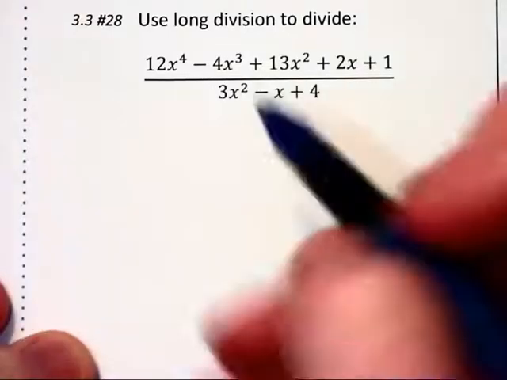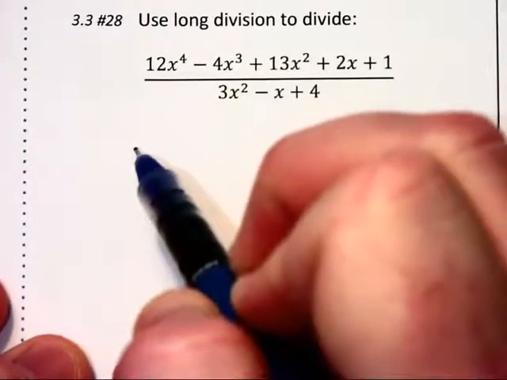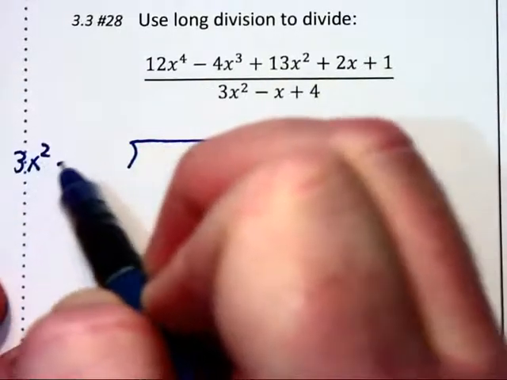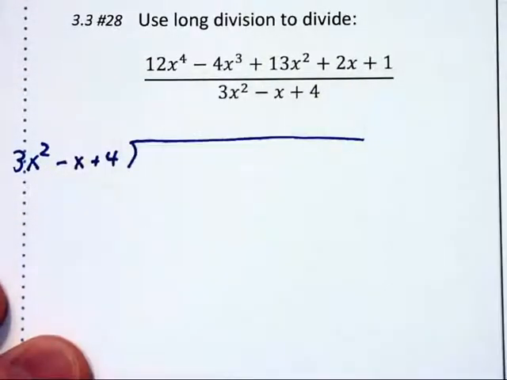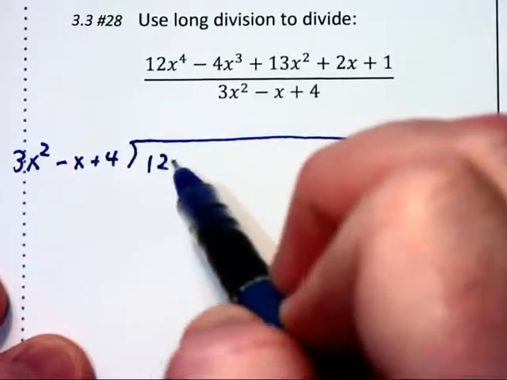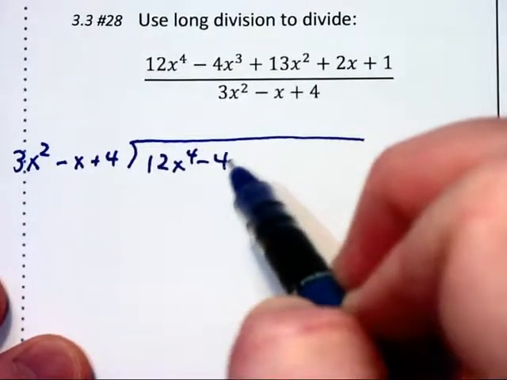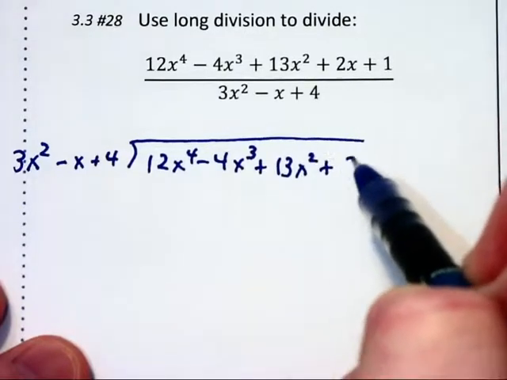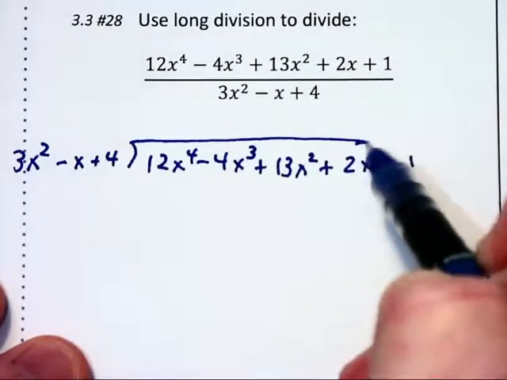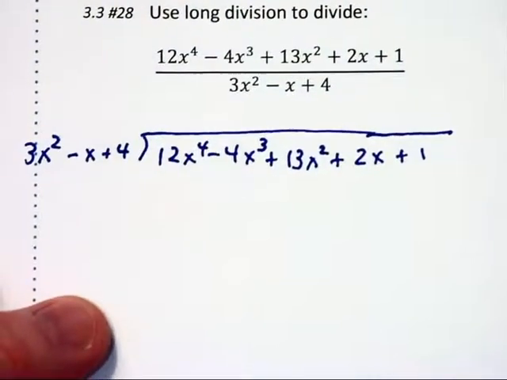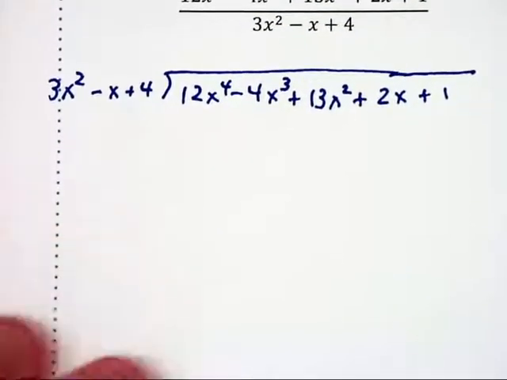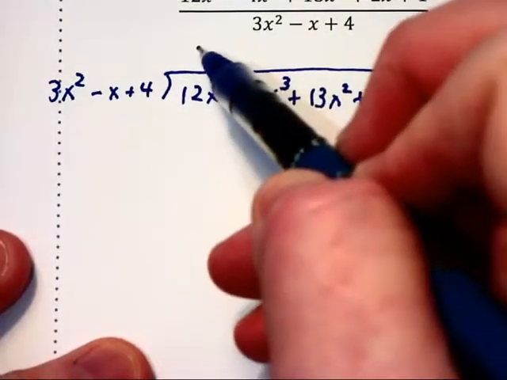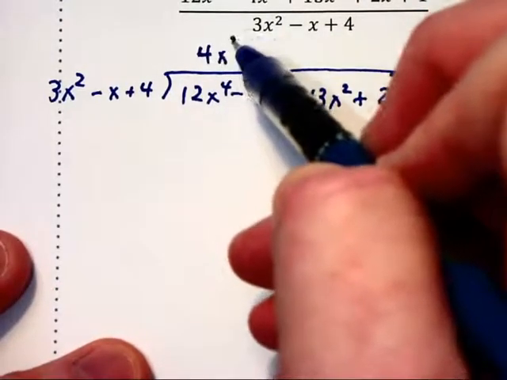Another long division problem, this time written as a fraction. We will put our 3x squared minus x plus 4 divisor out front, and the 12x to the fourth minus 4x cubed plus 13x squared plus 2x plus 1 inside, and begin the same process of dividing. 3x squared goes into the 12x to the fourth 4x squared times.